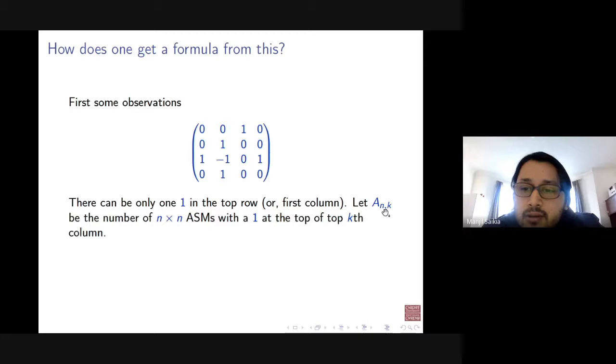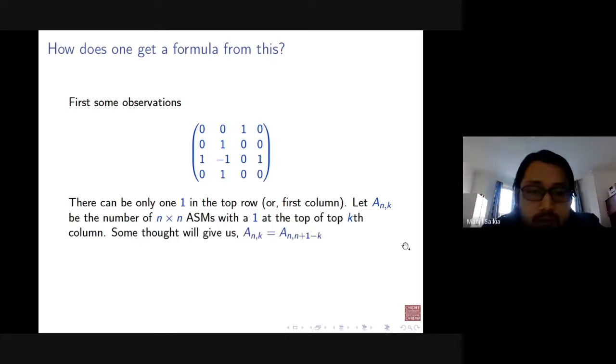So if we denote A sub n k to be the number of order n alternating sign matrices with a 1 at the top of the kth column. Suppose, for example, this would be something which is counted by A 4 3. So n will be the order, and k would be the position of the 1 in the first row. So this will be 3 here. We denote this quantity by A n k.